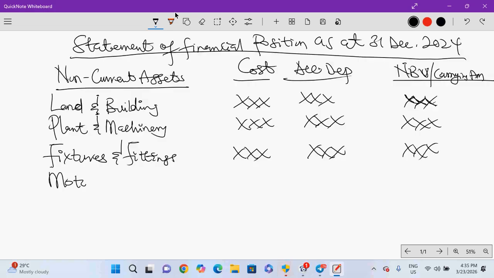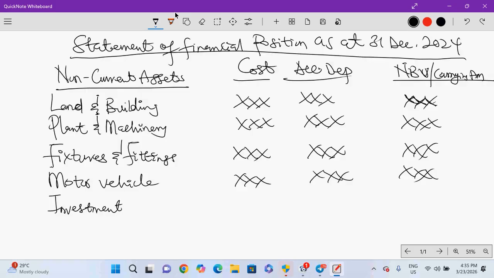What else? Motor vehicle. Sometimes long-term investment. An investment which is long-term can be a non-current asset, right? Computers.